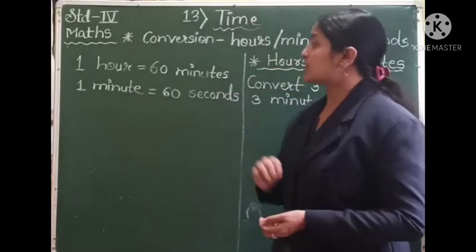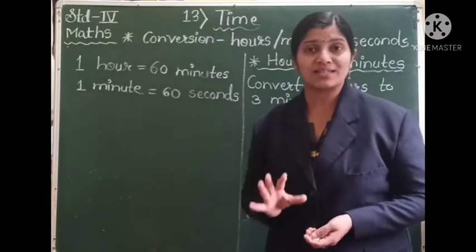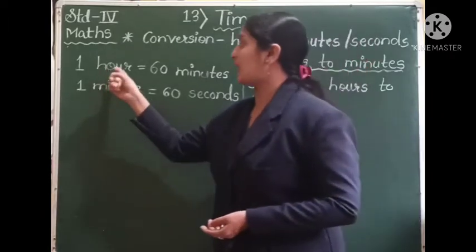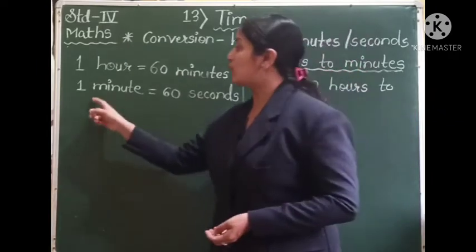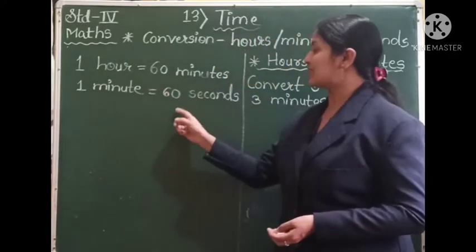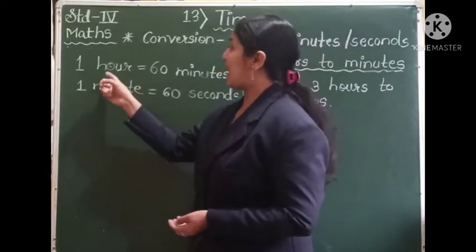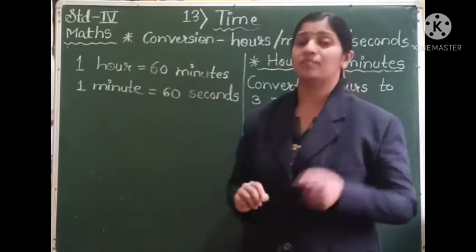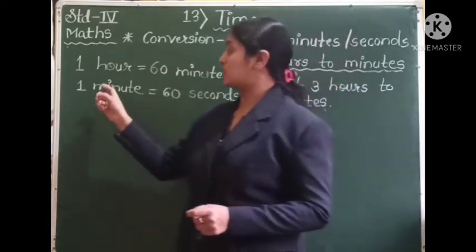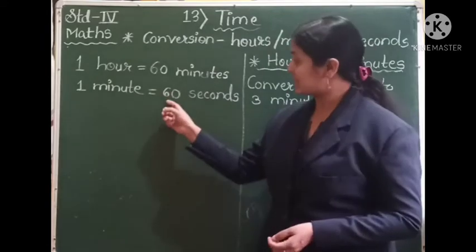When we are speaking about time, we have 24 hours in a day, and 1 hour is equal to 60 minutes and 1 minute is equal to 60 seconds. So when we are converting hours to minutes, we have to multiply by 60. Similarly, when we are converting 1 minute to seconds, we have to multiply by 60.